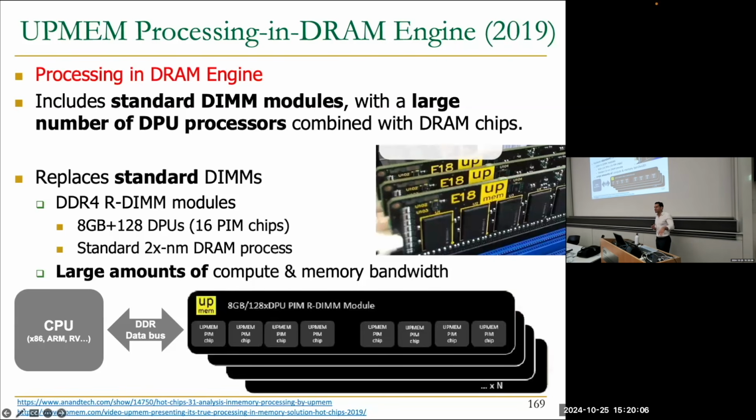This is not the first time that prototypes for processing near memory architectures have been proposed. There was a big project in the late 1990s, early 2000s called IRAM. It was from some people from Berkeley, and they wanted to do some processing near memory architectures. They actually taped out some chips, but it never reached commercial deployment.